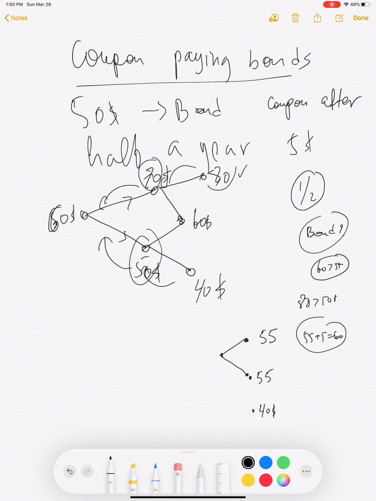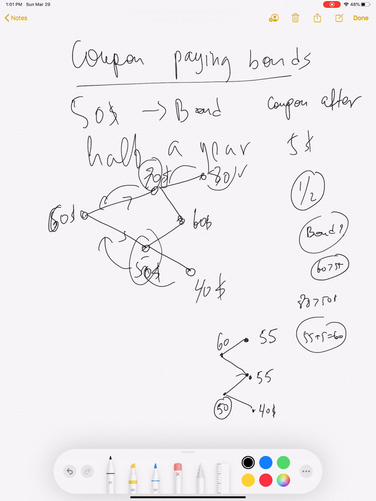So in this case, you can meet the payment, and that's why it will be $60, $60 here. Now what about in the intermediate state of the world? The value of the company is 50. Here it would be 40. Here it would be 55.